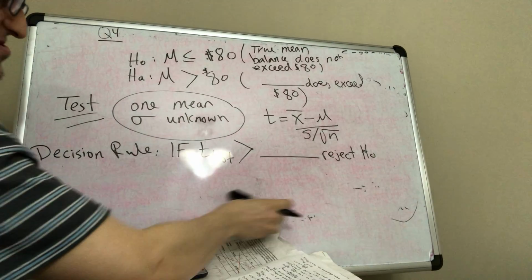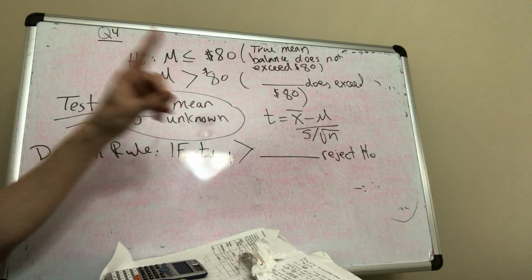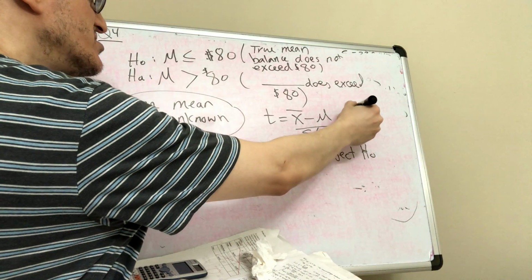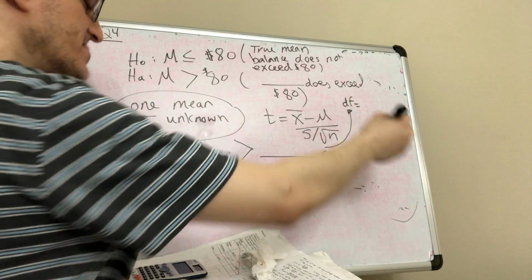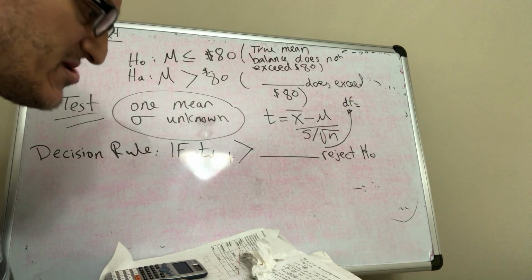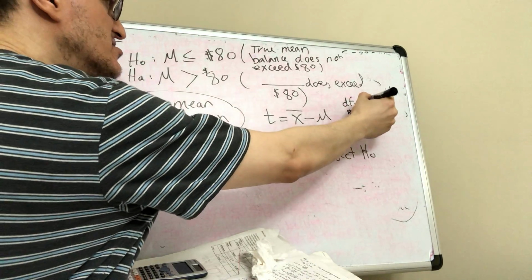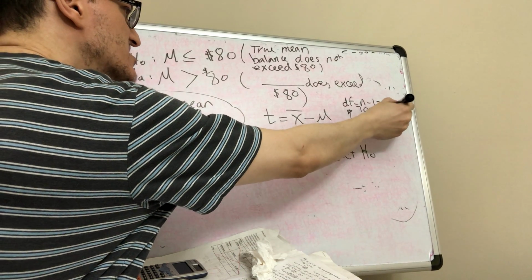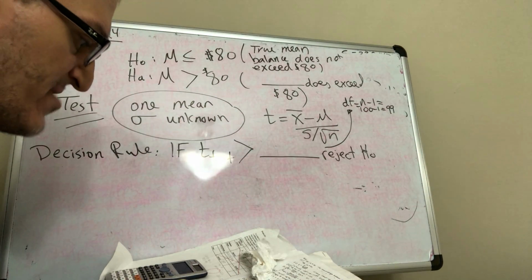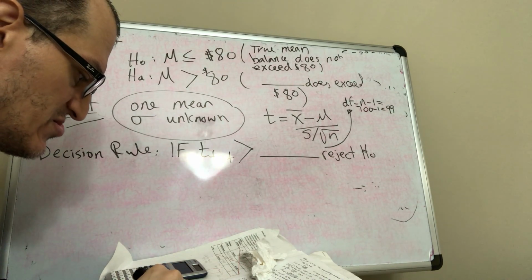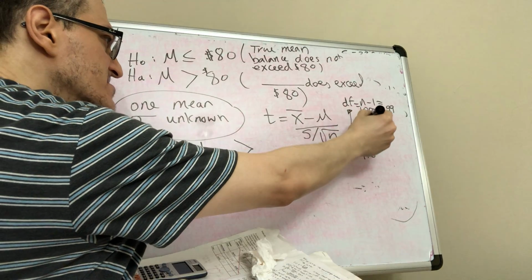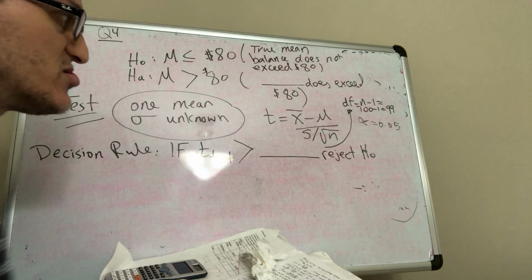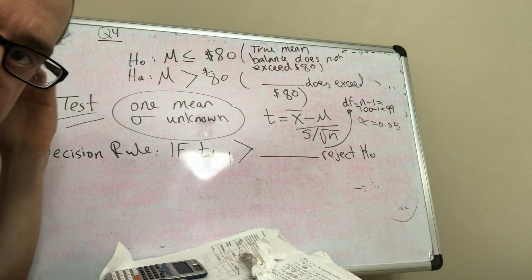We said it in the previous question, more means one tail, upper tail. Now to get this number, we need degrees of freedom. They tell you 100, so it's one group, so 100 minus 1 is 99. And they want you to do it using 5%. So alpha is 5%, and again, we don't divide it by 2, since it's a one-tail system.